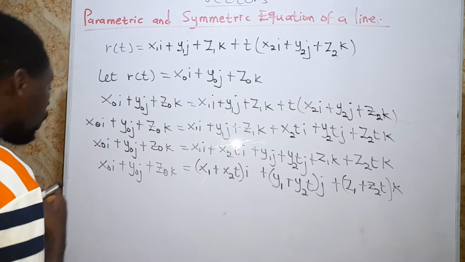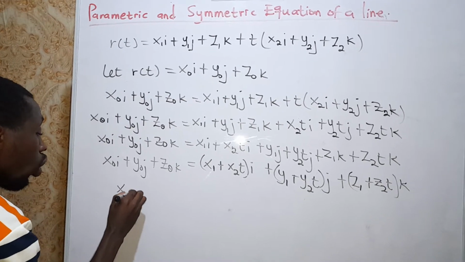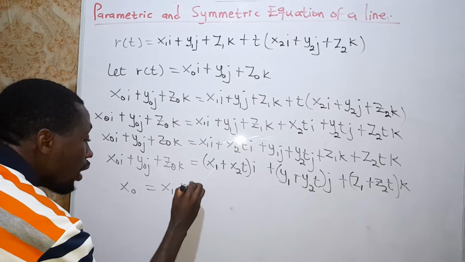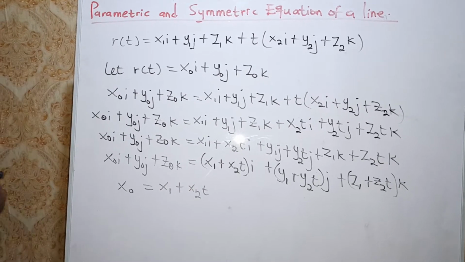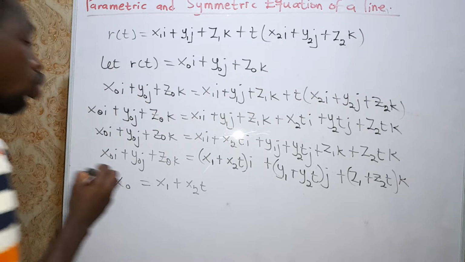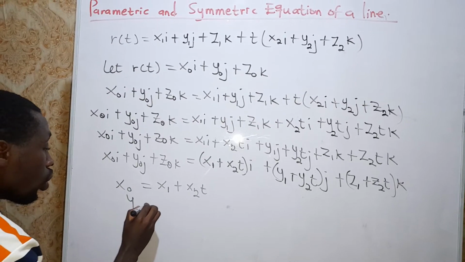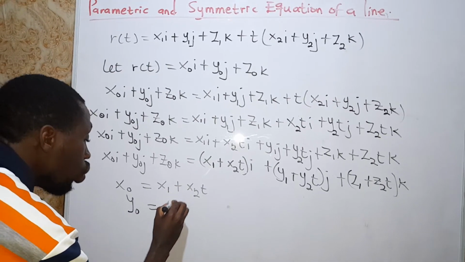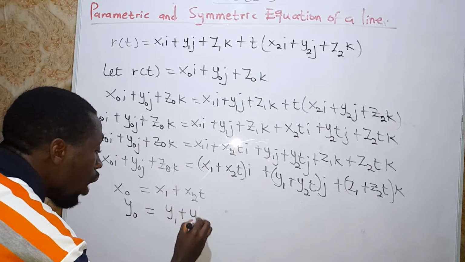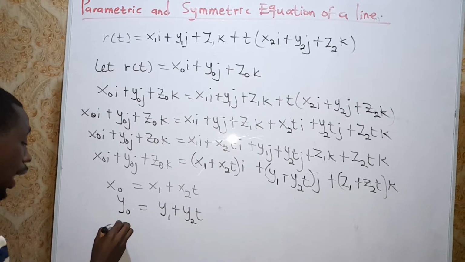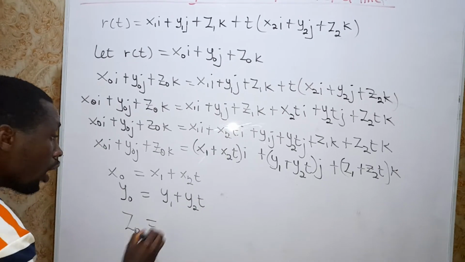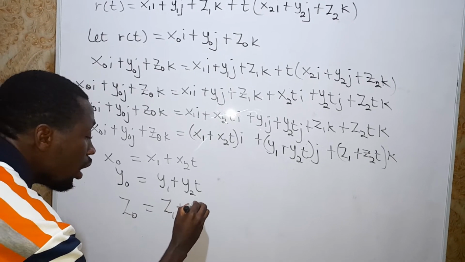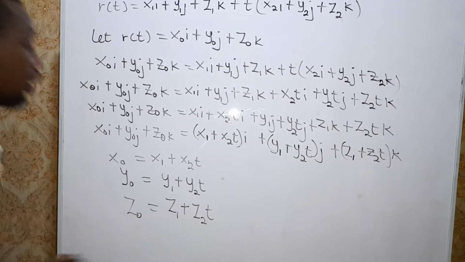So we can say that our x naught is equal to x1 plus x2t. Also, y naught is equal to y1 plus y2t, and z naught is equal to z1 plus z2t.